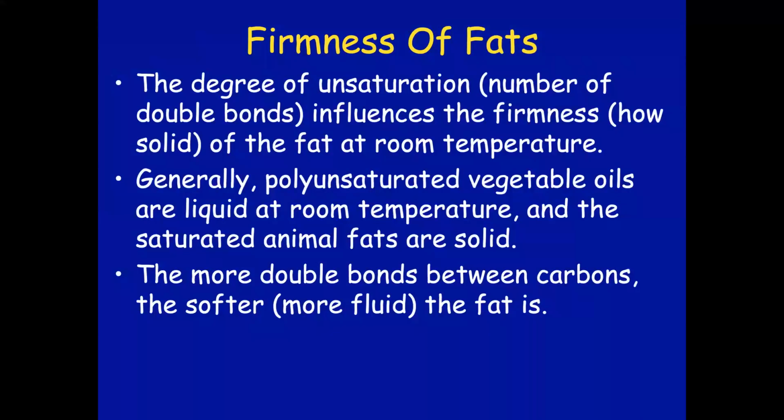The degree of saturation is definitely going to affect how firm or solid that fat is at room temperature, which we just talked about. Polyunsaturated vegetable oils are going to be liquid at room temperature because those chains can't stack on one another. Saturated animal fats, butter, lard are solid. The greater the number of double or triple bonds between carbons, the softer and therefore more liquid that fat will be.